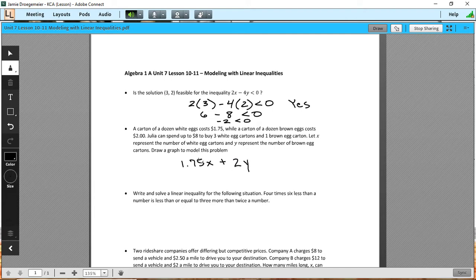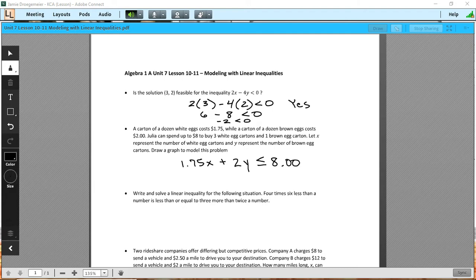And so if I take the number of white that I buy times $1.75, plus the number of brown that I buy times $2, that value needs to be up to $8, so less than or equal to the $8 there.